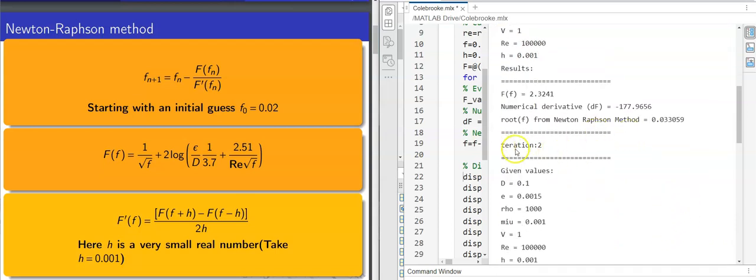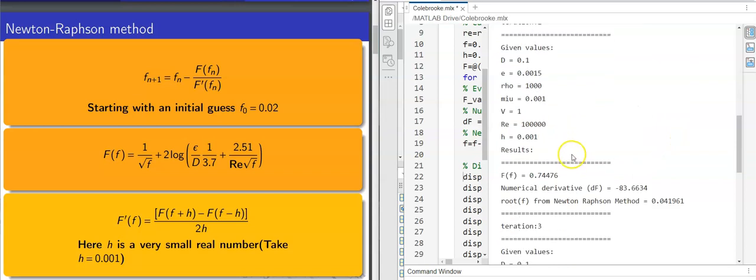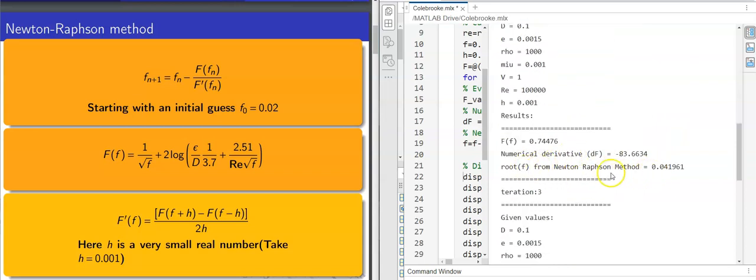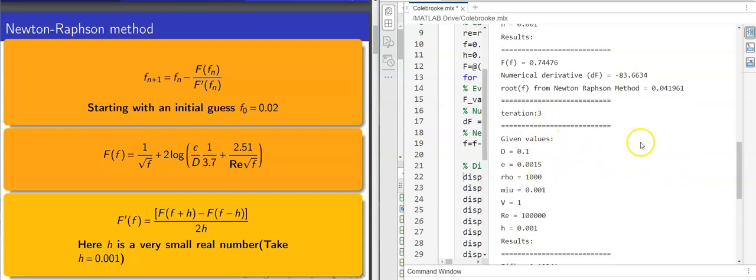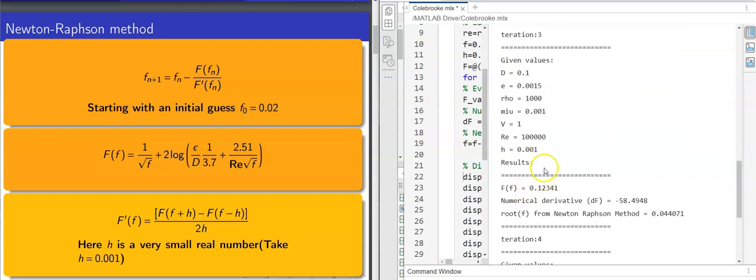In iteration 2, the root we got from iteration 1 becomes the guess value for the next iteration. In the same way, after doing the calculation, we got the root value 0.041961. Iteration 3, again the same way, all these parameters are given here and MATLAB will calculate, and from the Newton-Raphson method the root will be 0.004071.